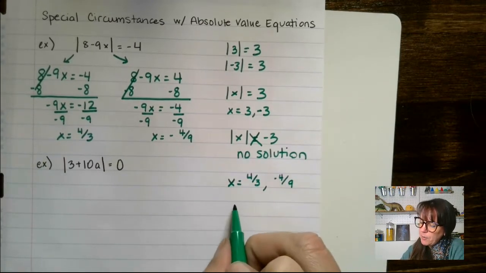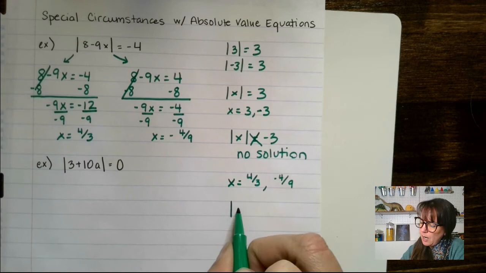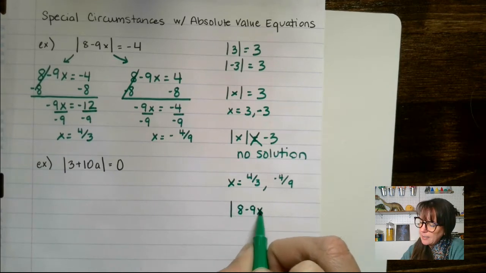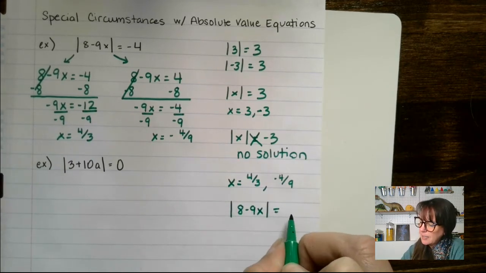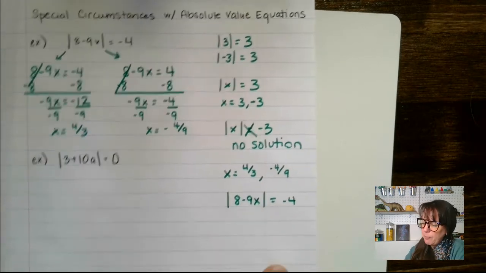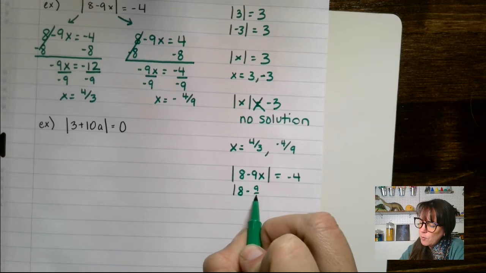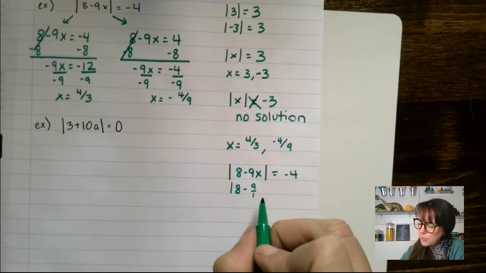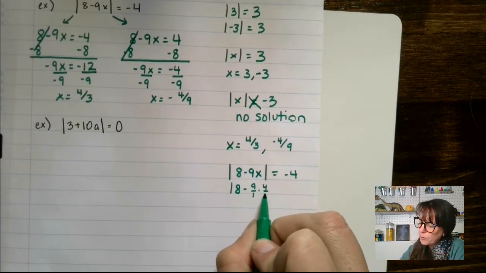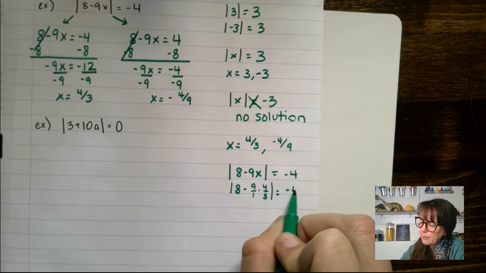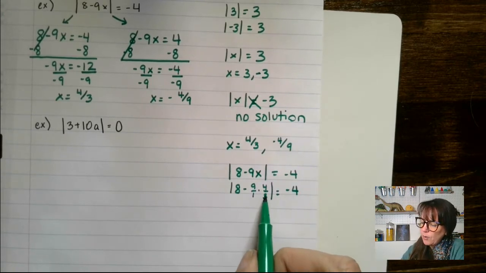Let me go ahead and copy this equation back down: the absolute value of 8 minus 9x equals negative 4. I'm going to start with that 4/3. So if I have 8 minus 9 over 1, since I'm dealing with a fraction, I'll make it a fraction, times 4 over 3 equals negative 4. All right, so we can cross cancel.